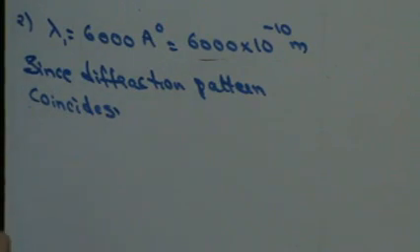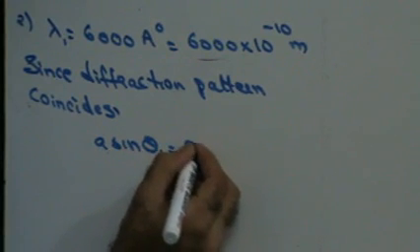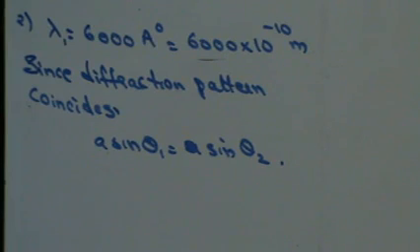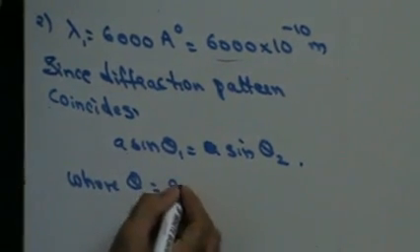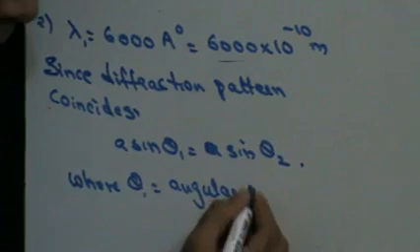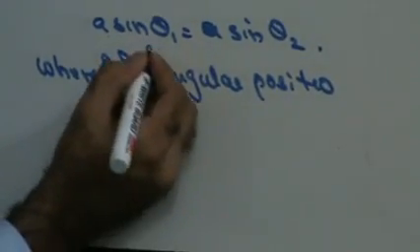Since the diffraction coincides, that means a sin theta 1 should be equal to a sin theta 2, where theta 1 and theta 2 are the angular positions of the second minima and second maxima.